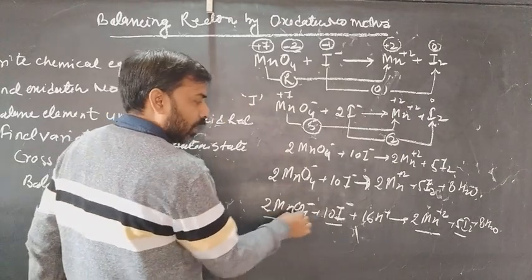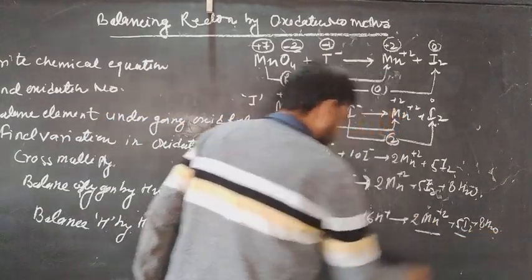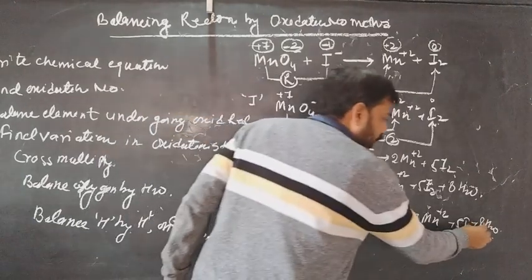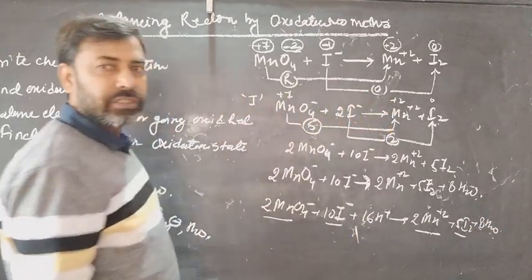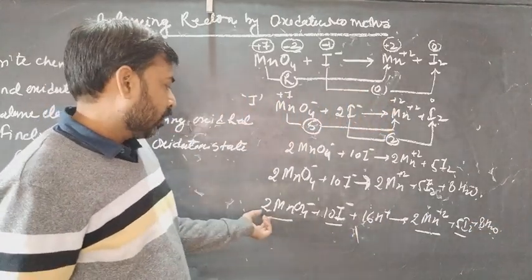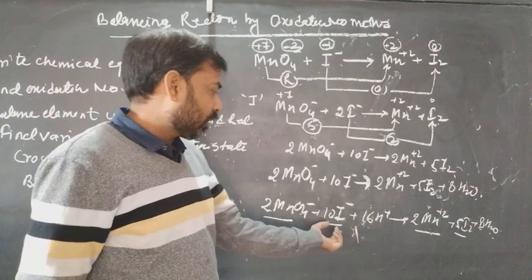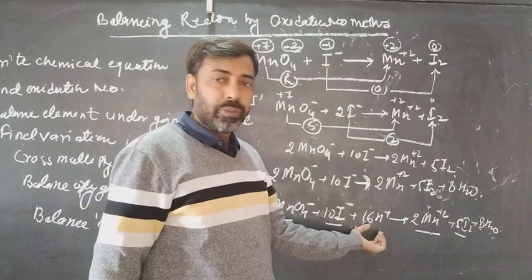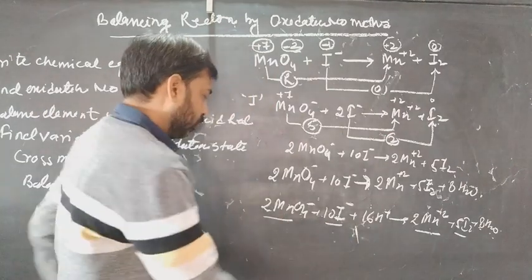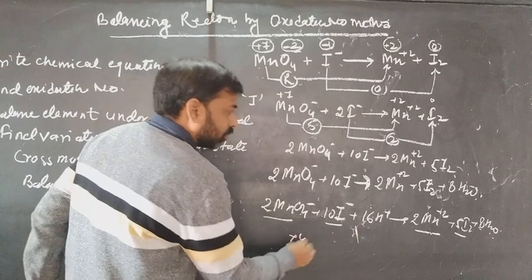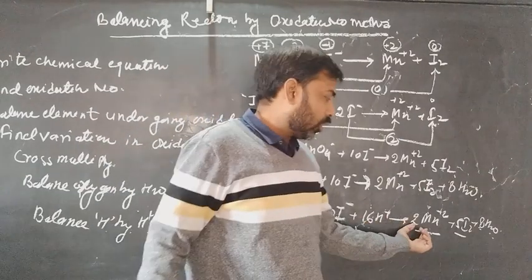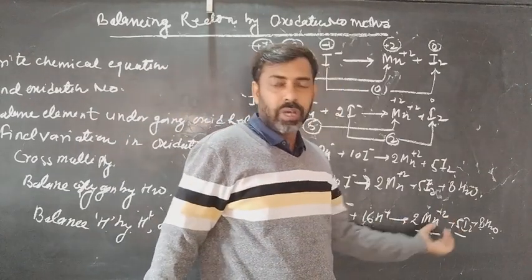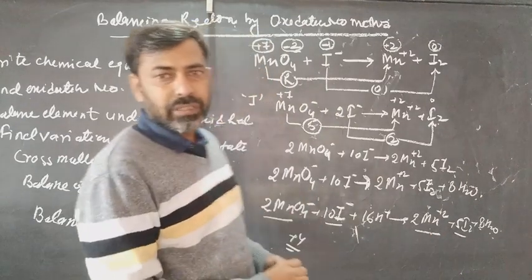Oxygen 2 times 4 is 8, hydrogen 16, 8 times 2 is 16, and finally charge कितना है? 2 negative plus 10 negative, total 12 negative, plus 16 positive. So the resultant is 4 positive on the left hand side, and on the right hand side 2 times 2 is 4, again plus 4 charge. So the reaction is balanced.